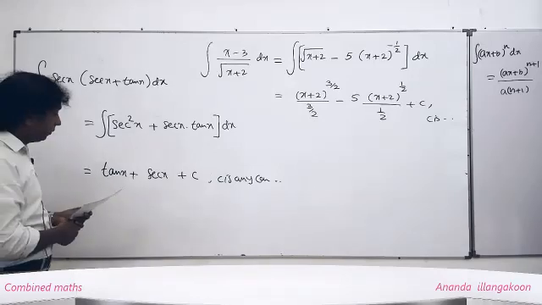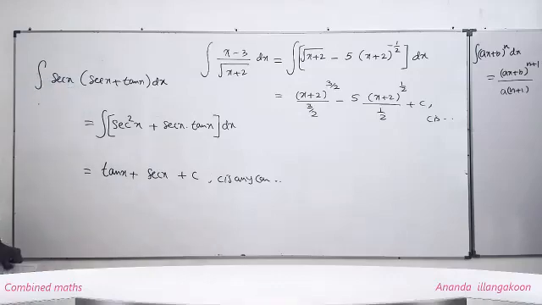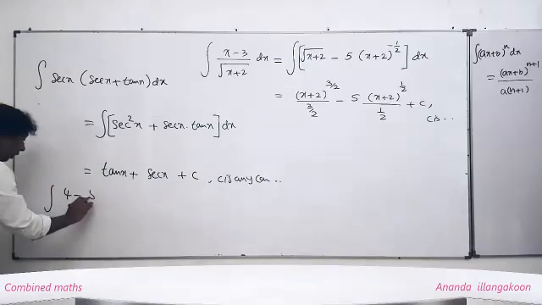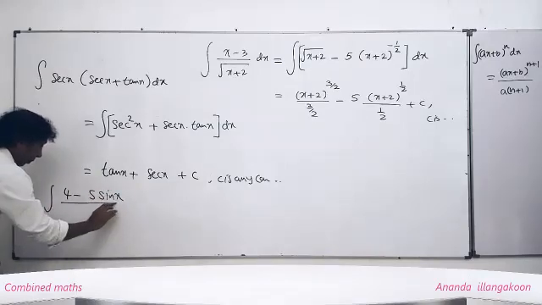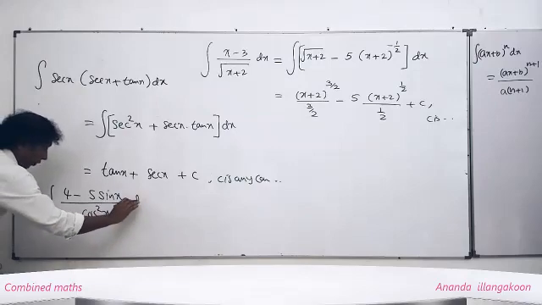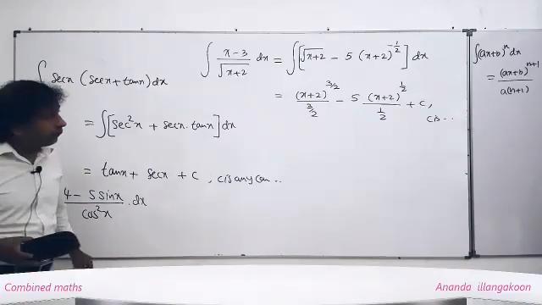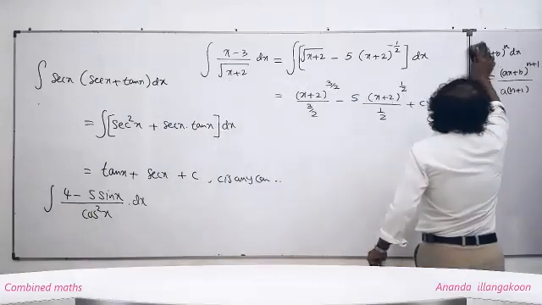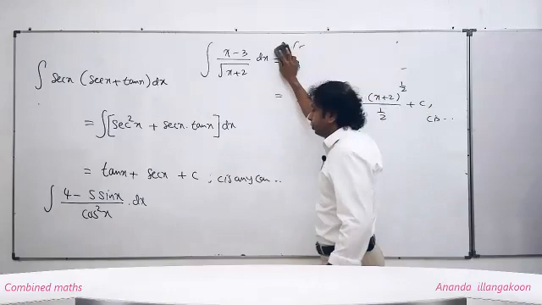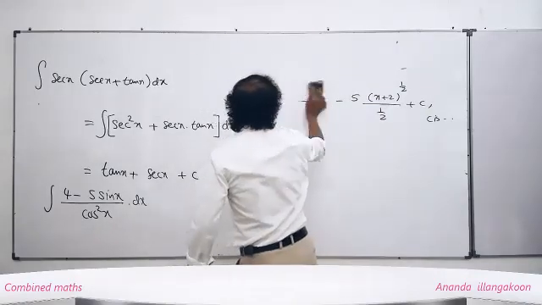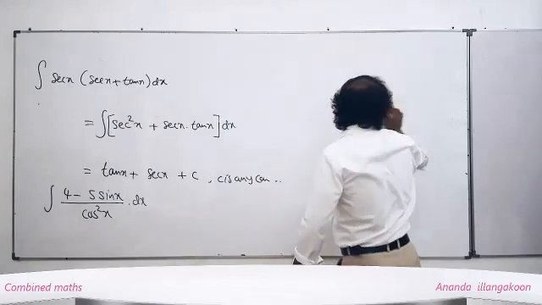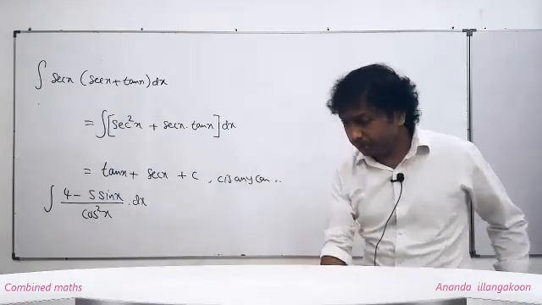Right, next one, people. Next question is this. Integral of 4 minus 5 sin x divided by cos squared x dx. How to take this?